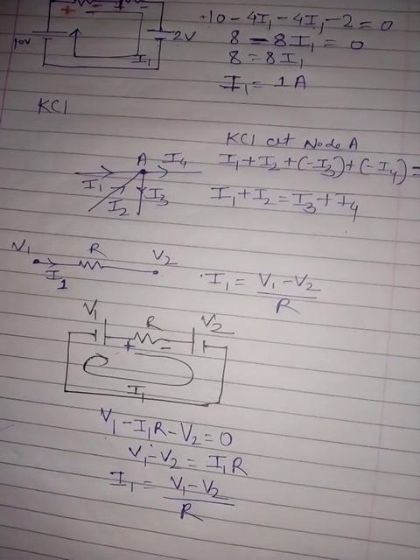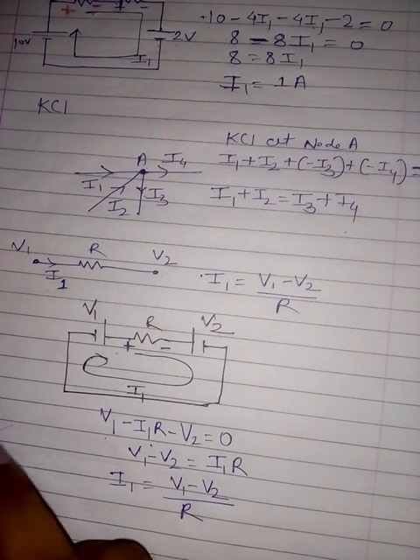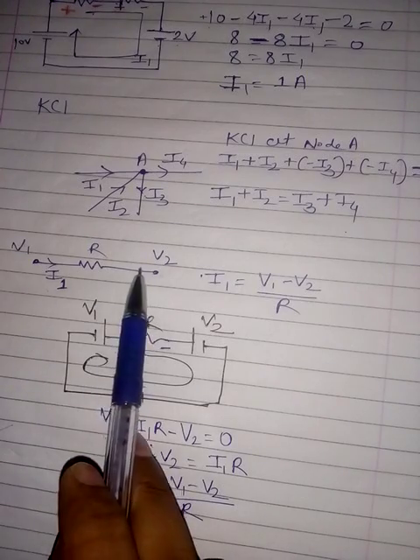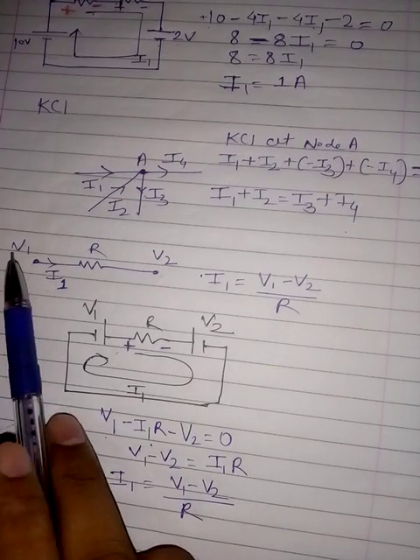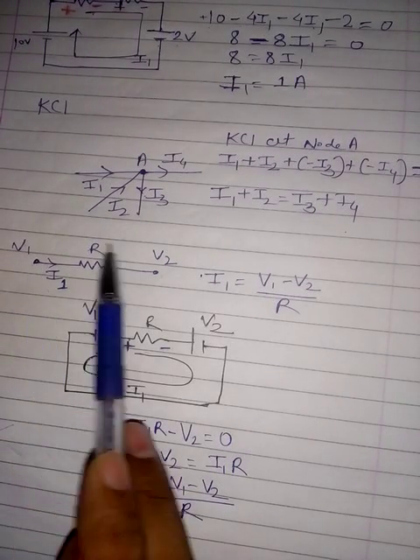So in case of nodal analysis, we can directly write when such situation occurs. We have to write the equation for current which is flowing from node 1 to node 2.